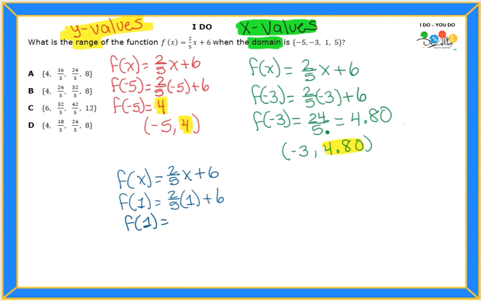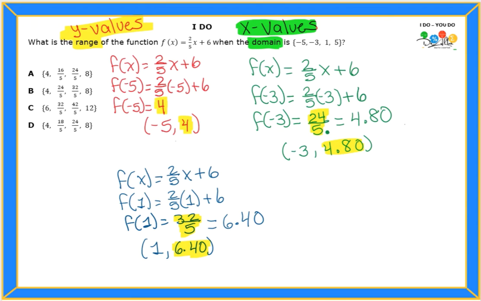You might get something like 32/5, which is the same as 6.40. So it's up to you if you want to change to decimals or leave the fractions. So when x is 1, the y value is 6.40 or 32/5. Let's highlight my y value, and we'll highlight the fraction as well.